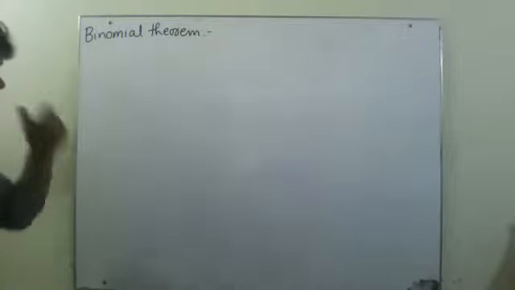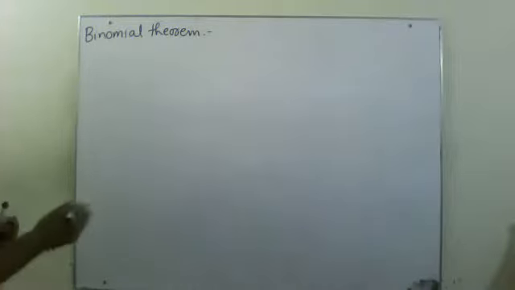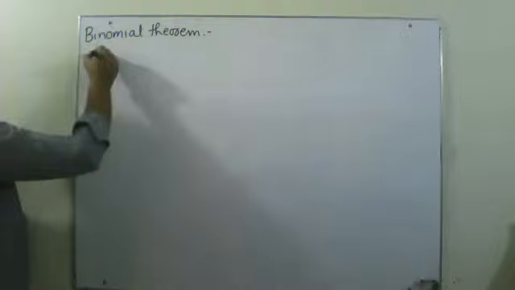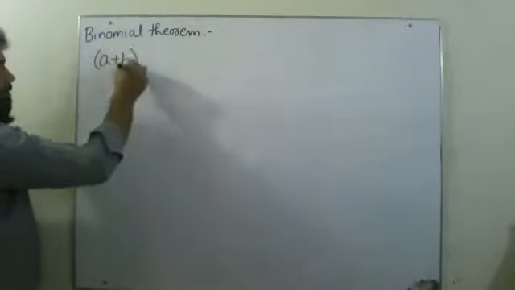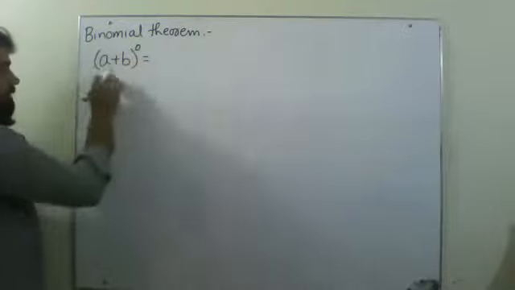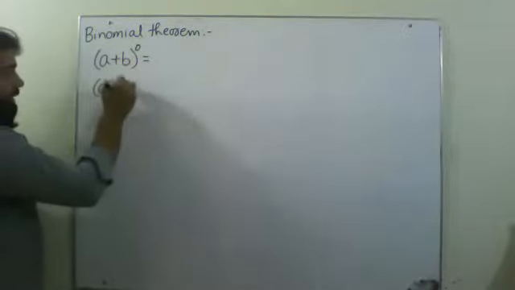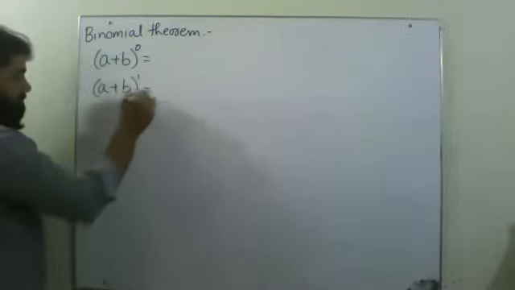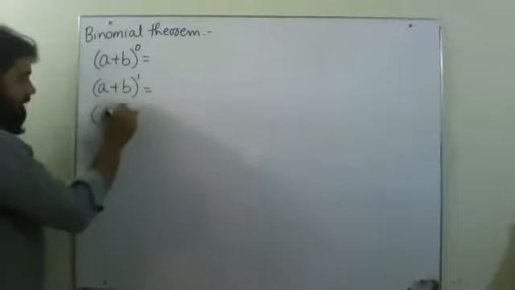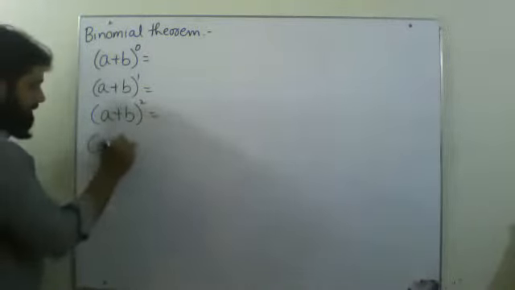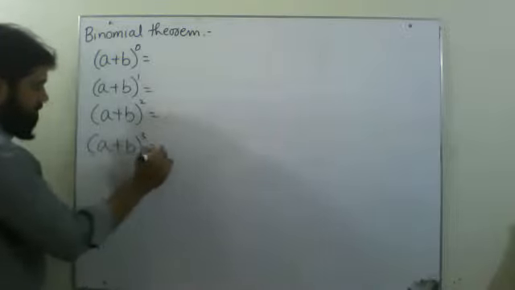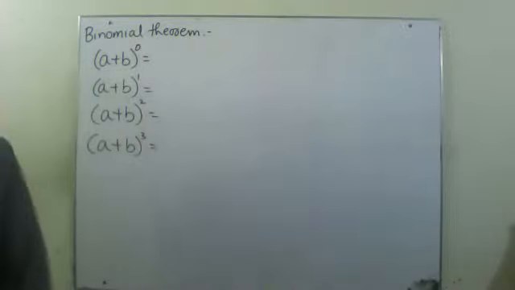Okay. So first of all, what I'm going to do over here, for instance, you have (a plus b) whole power 0, (a plus b) whole power 1, (a plus b) whole power 2, (a plus b) whole power 3. First of all, you have got this.